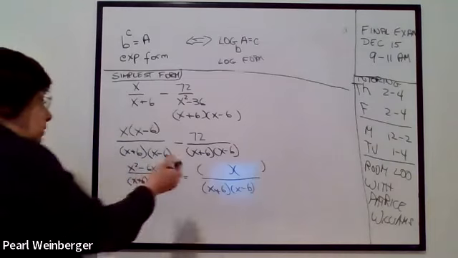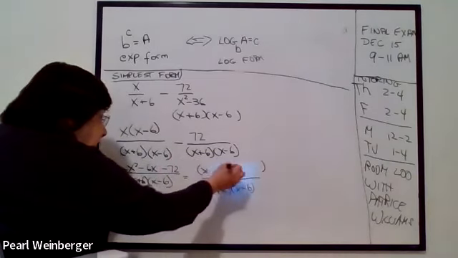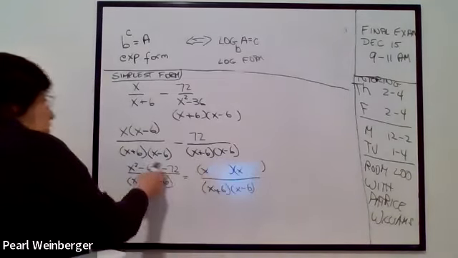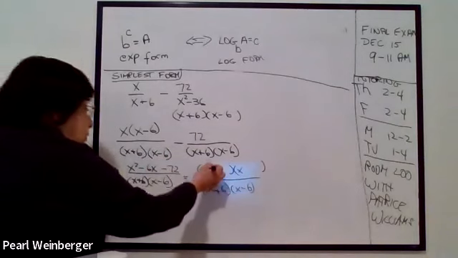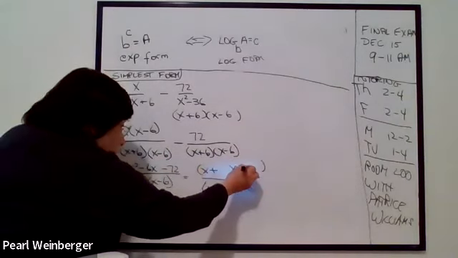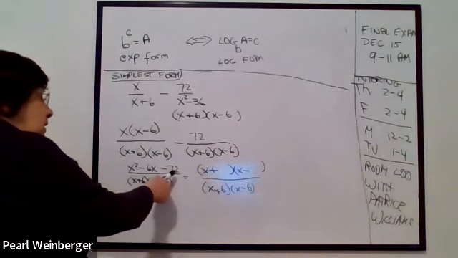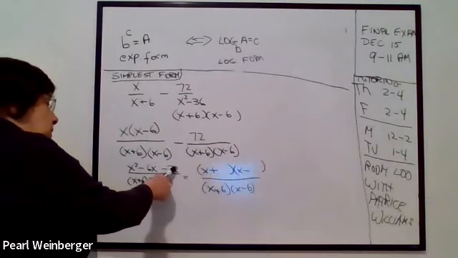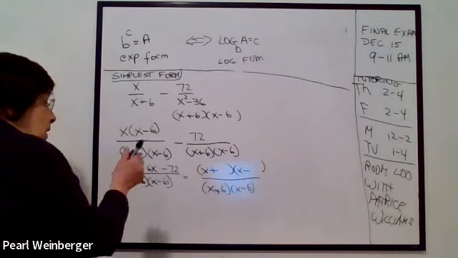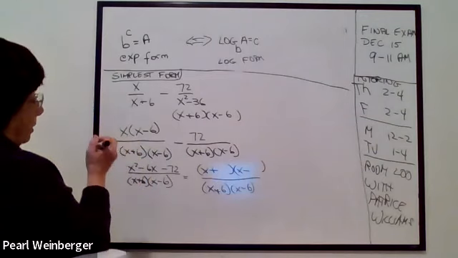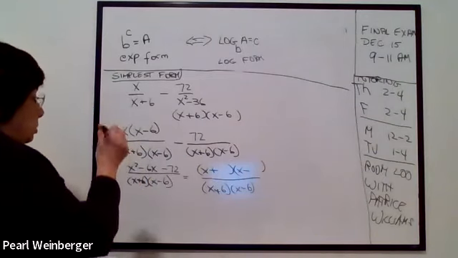It's just starting with an x squared. So I break it up into x and x. Since the last term is negative, one is going to be positive, one is going to be negative. And I need two numbers that multiply to 72 and subtract to 6.